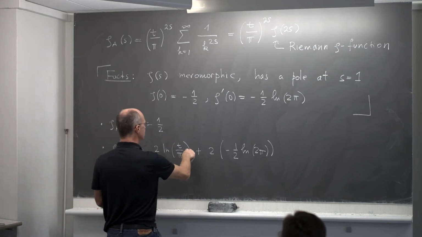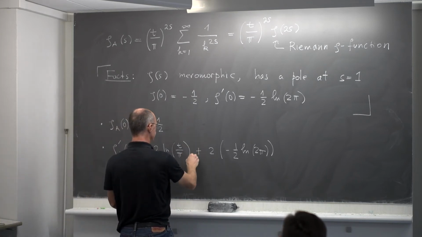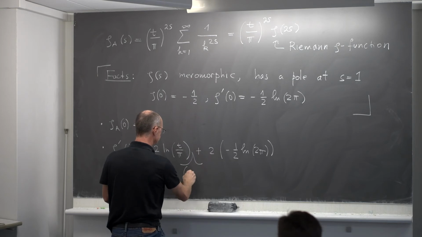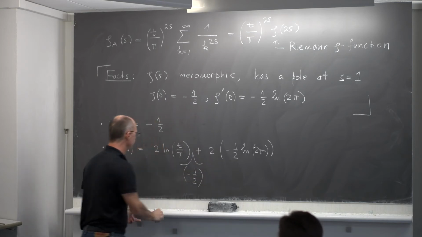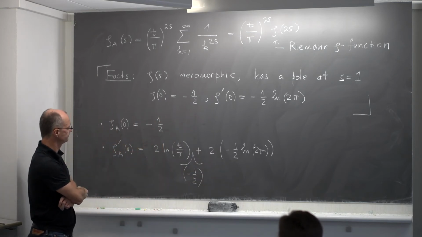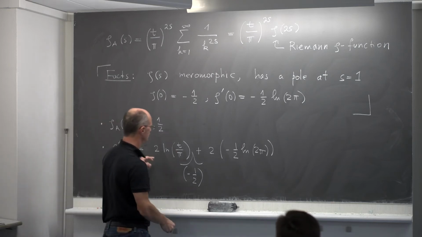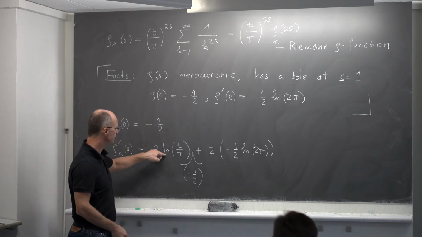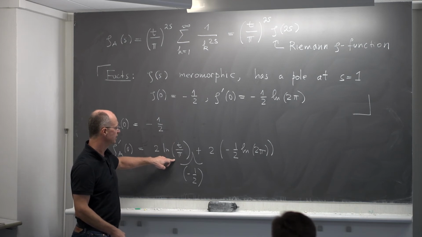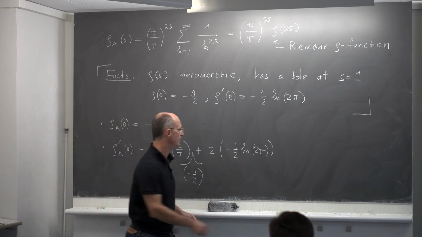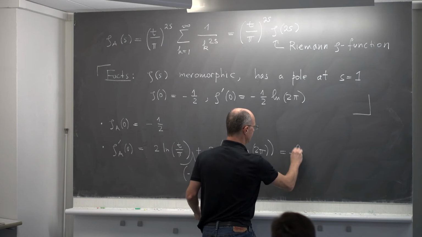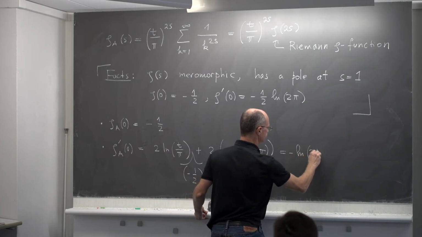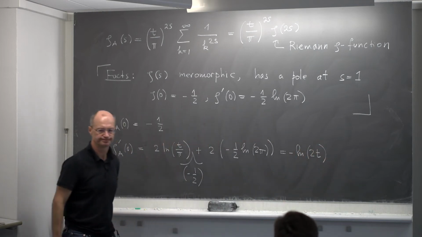No, I think here times the value at 0, right? Times minus 1/2. So this gives us minus log t over pi minus log 2 pi, which is equal to minus log 2t.